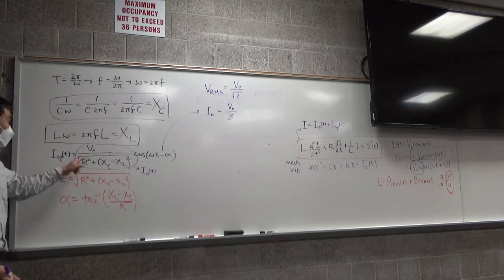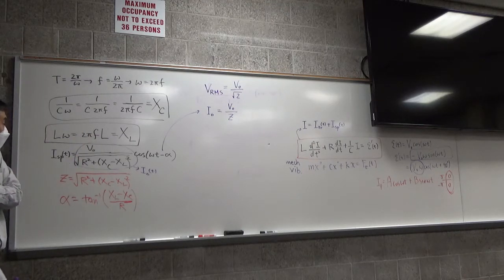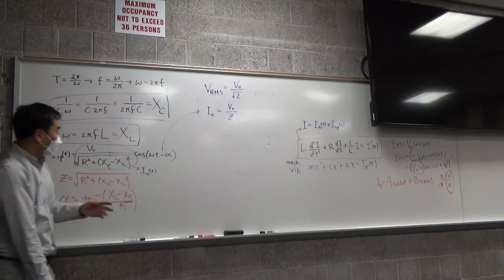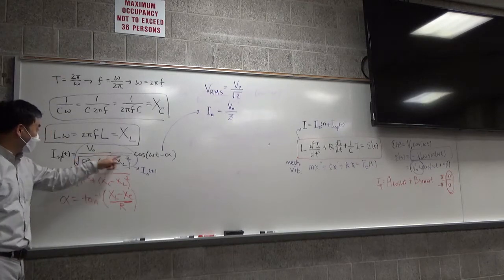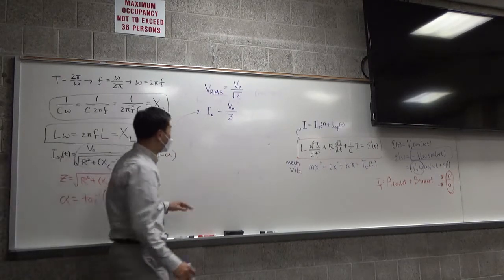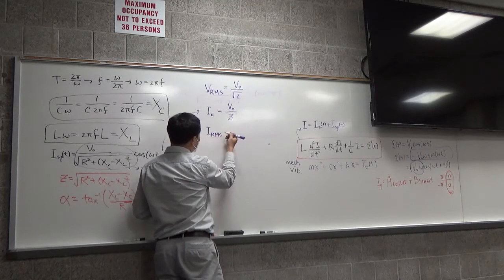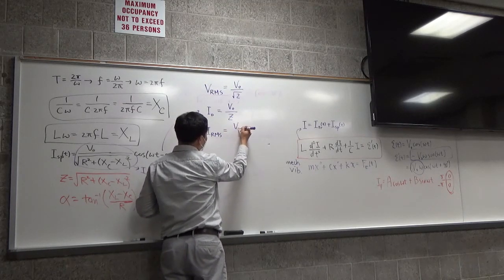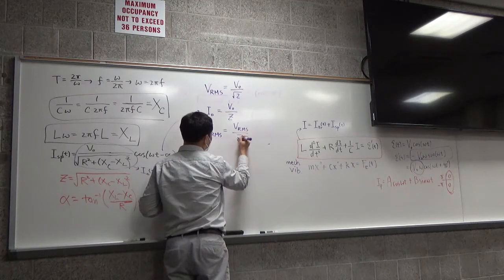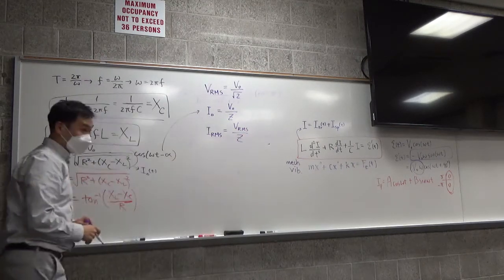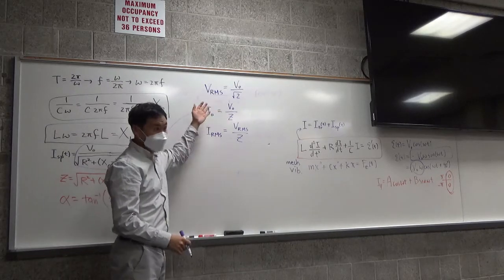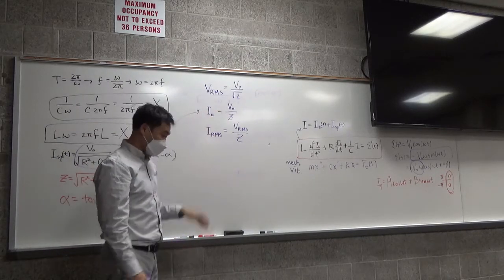So that's your peak current. And since the denominator is Z, it's just that. And also, in terms of the root mean squared voltage and current, it's like this. Just because you divide both sides by square root of 2, that gives you root mean squared.